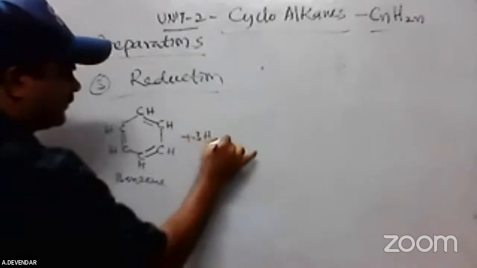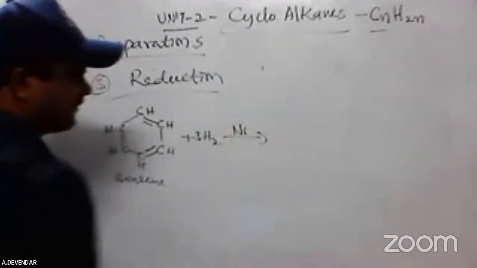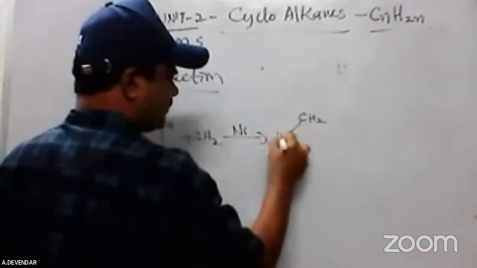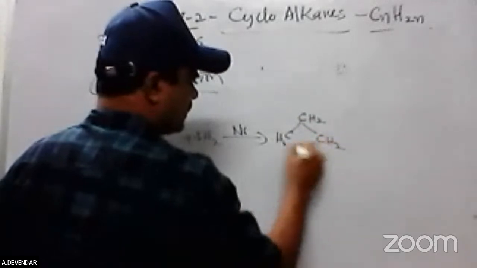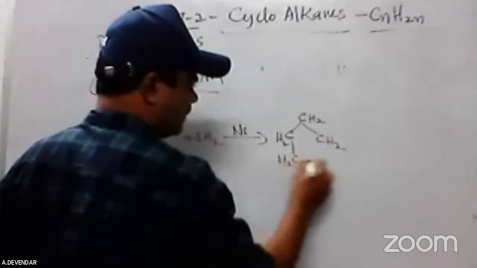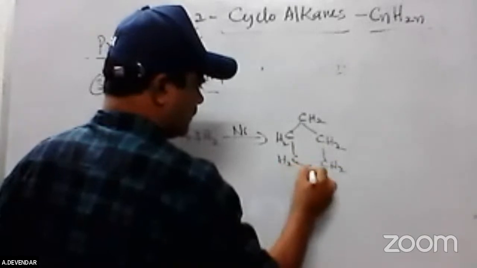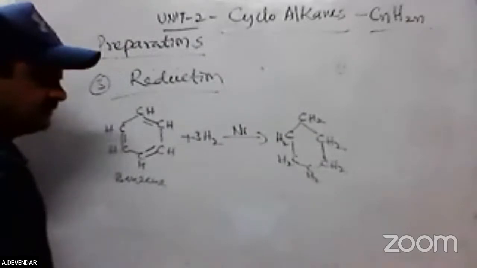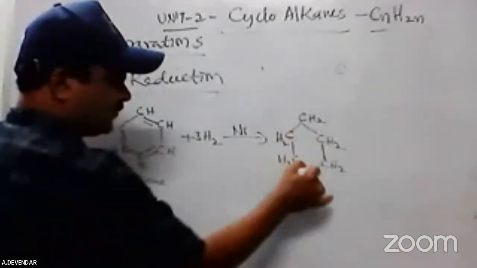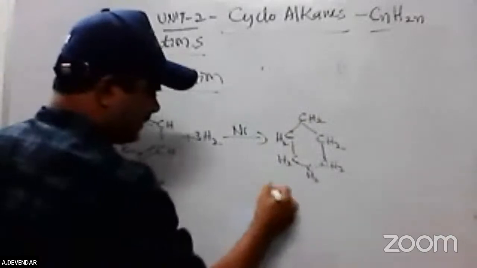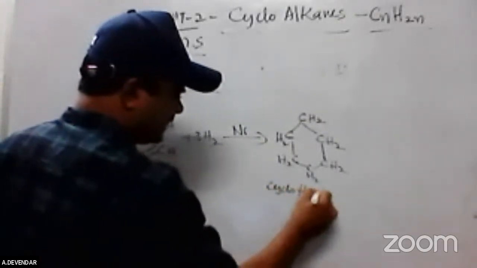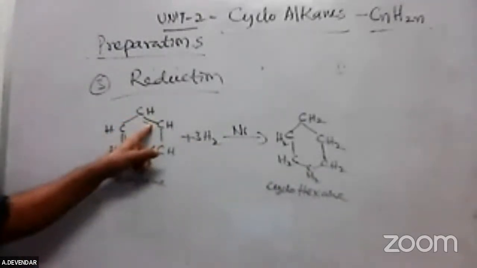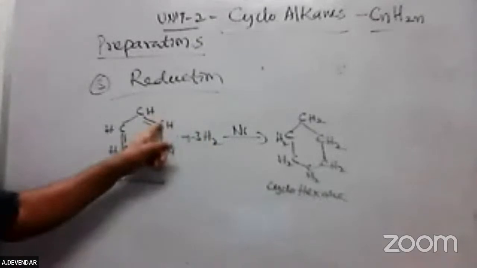Benzene, you are adding 3 moles of hydrogen in presence of nickel catalyst, forming, what is this, friends? 1, 2, 3, 4, 5, 6 in the cyclic form means cyclohexane. 3 hydrogens you are adding, simply the double bonds are broken and hydrogen is added.